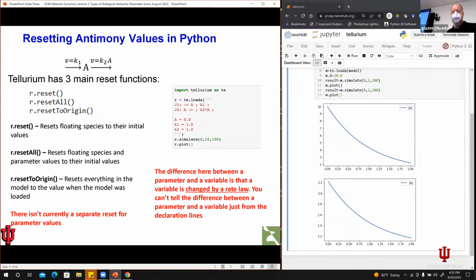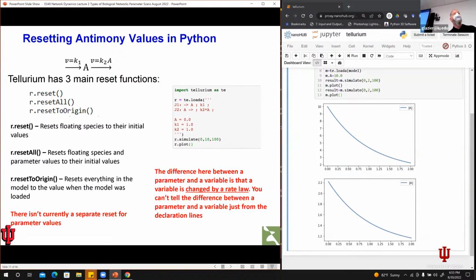Is it clear what the difference is? The difference between a parameter and a variable is important here. A variable is something that appears in a reaction, like something goes to A or A goes to something.